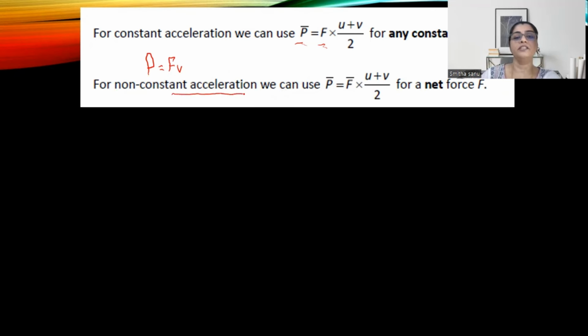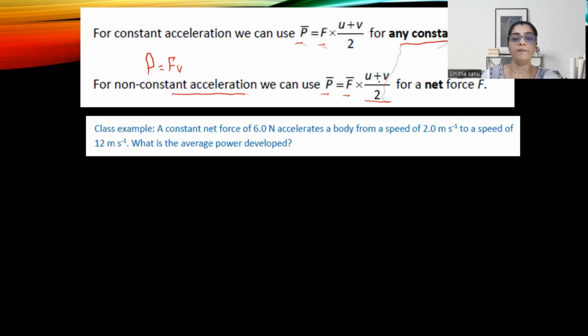If acceleration is not a constant, then average power is also equal to average force times u plus v by 2. So you have to see whether the situation is having any constant force or non-constant and apply the equations accordingly. Look at the question here.